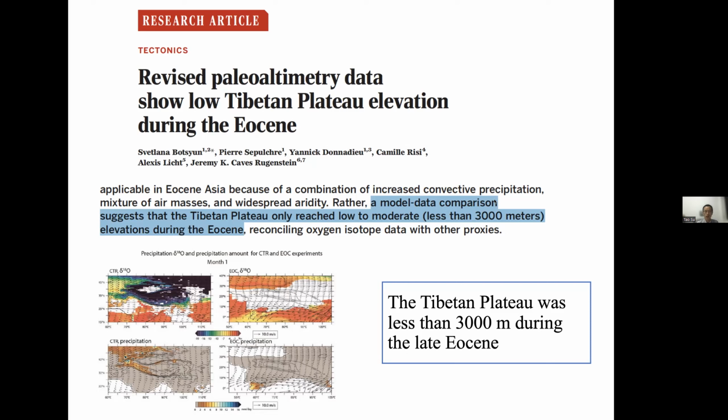But the other thing I think is that previously we considered the uplift of the Tibetan plateau as a whole, but until recently we know that's not true. Different parts of the Tibetan plateau have different uplift histories.